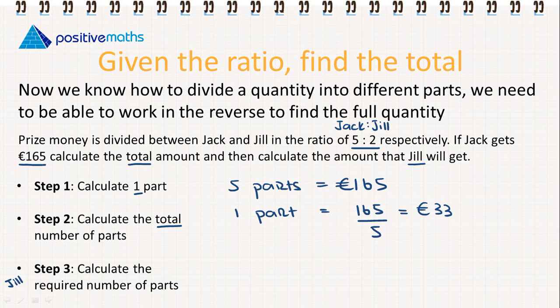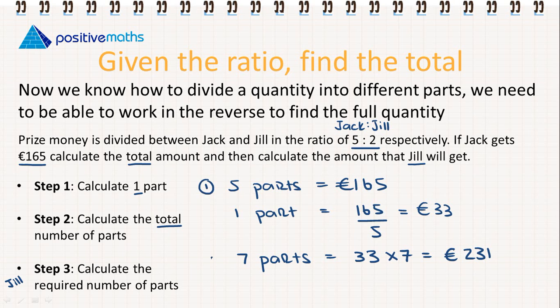So we have 5:2. That means we're looking for 7 parts in total. Okay, so 7 parts. If we know that one part is 33, then 7 parts is going to be 33 multiplied by 7. So the total amount of the prize money is €231.